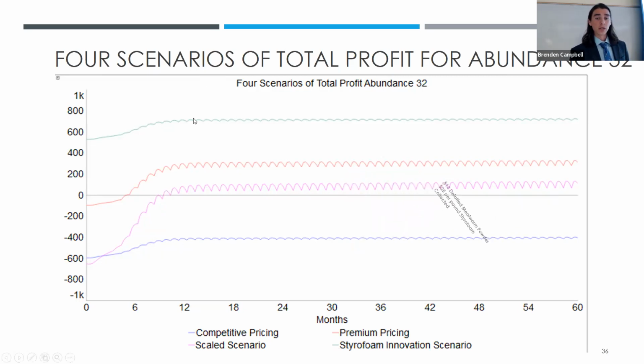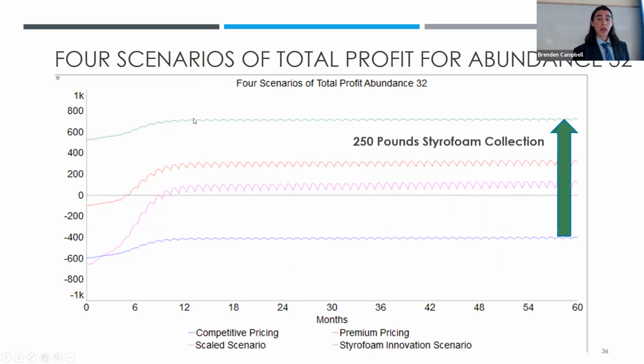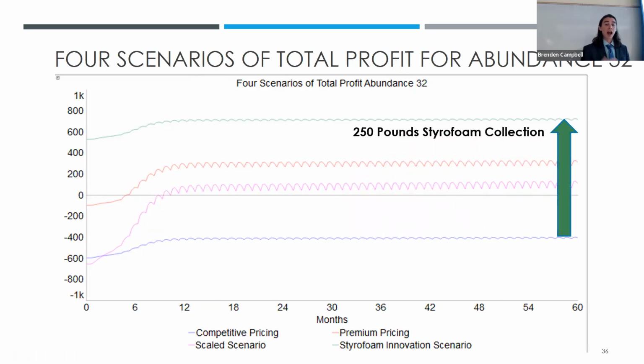And lastly, our fourth scenario here is a styrofoam innovation scenario where all assumptions of the farm size and the amount that everything is being sold for, the $4 for mealworm oil, $4 for defatted mealworm powder, 50 cents for frass, and that $5 collection fee for styrofoam, remain.